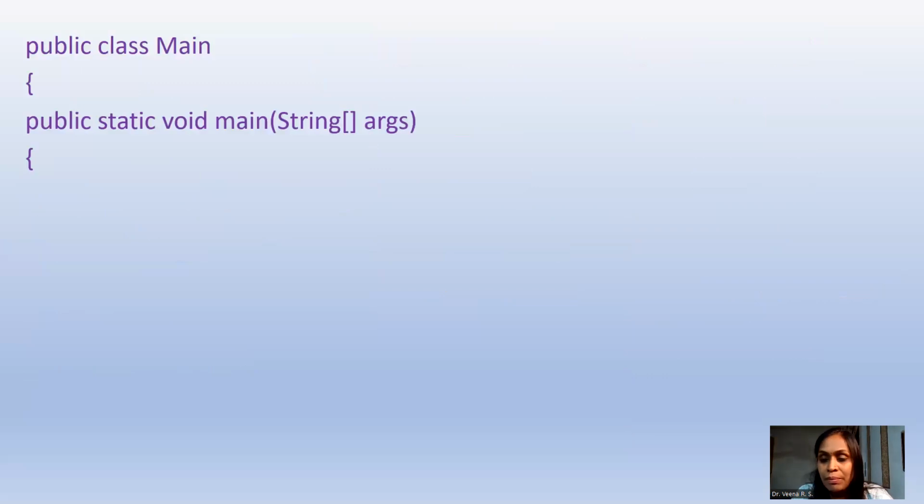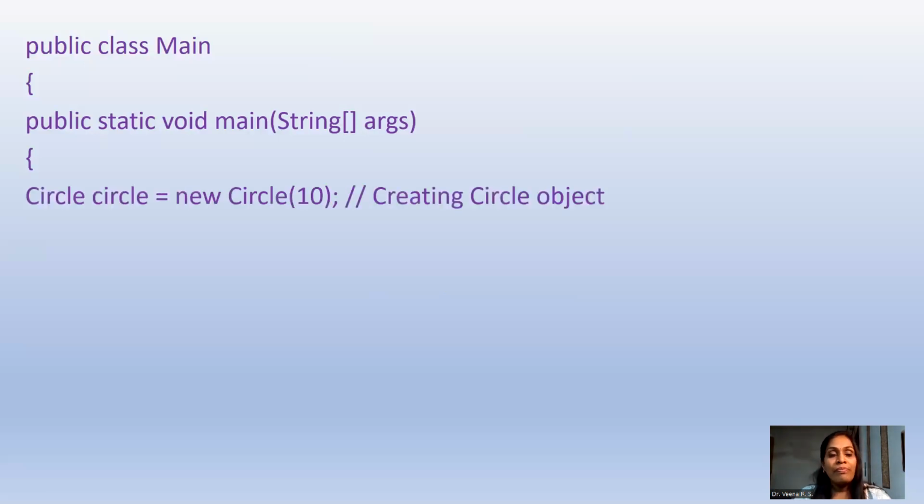So I'll just show you how the main class will be. We have to write the main class, which will contain the main method, public static void main, and inside the body of this main method, we will create the object of either Circle or Triangle, which are inherited from abstract class Shape. So see here, this is what I am trying to create, an object of Circle class with a radius.